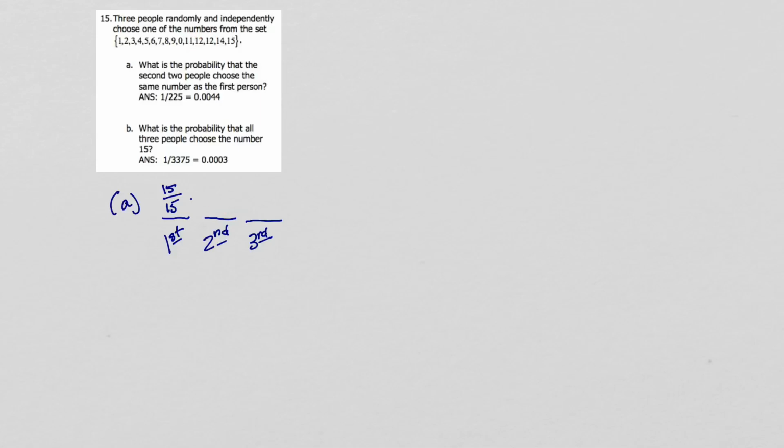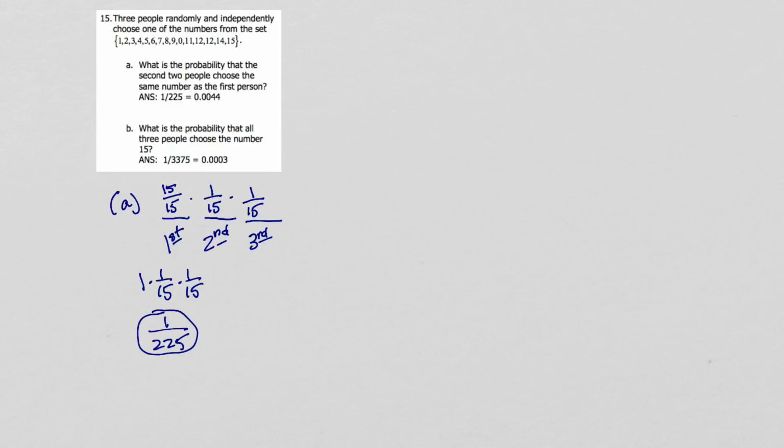Now, what's the probability that the second person matches that number? Well, there's only one of those numbers, and there's 15 choices. So the probability that the second person matches the first is 1 out of 15, and the probability that the third person matches the first is also 1 out of 15. So this is going to be 1 times 1/15 times 1/15, which turns out to be 1 over 225.